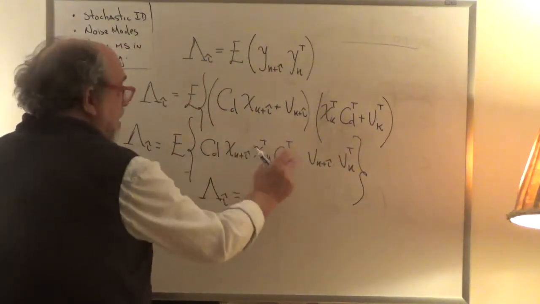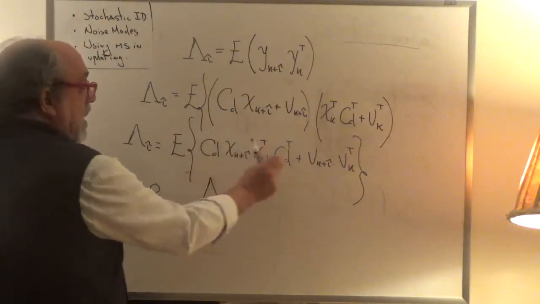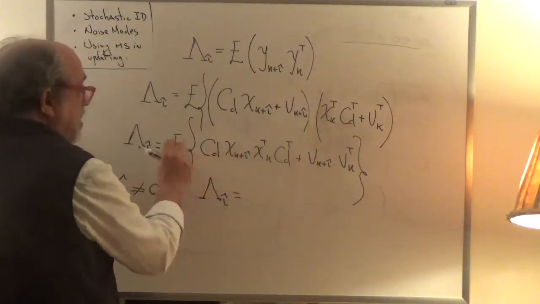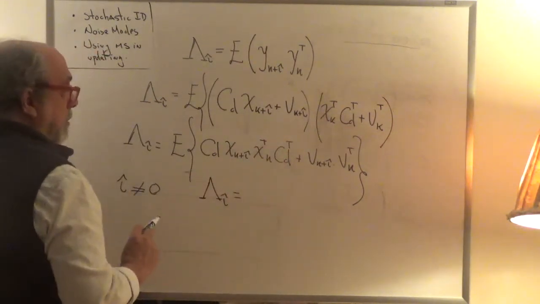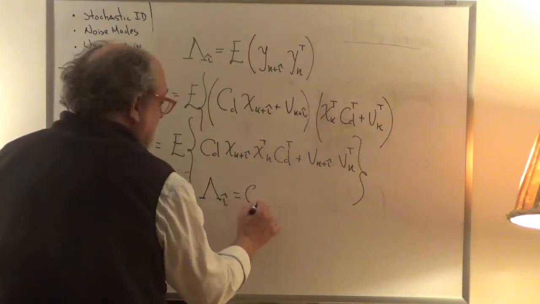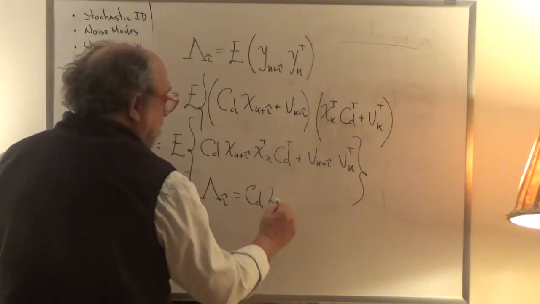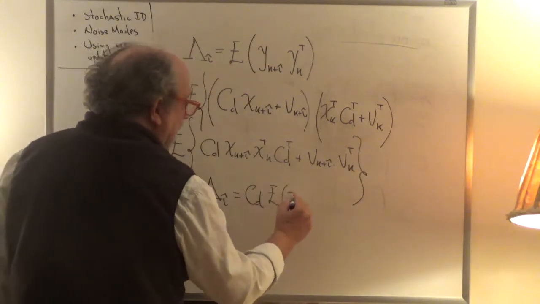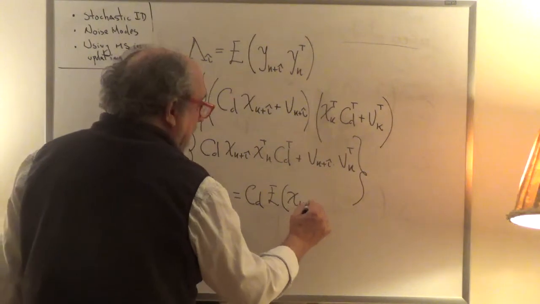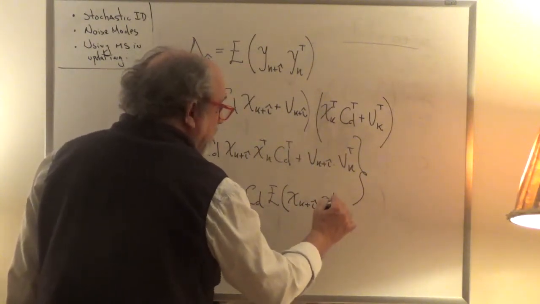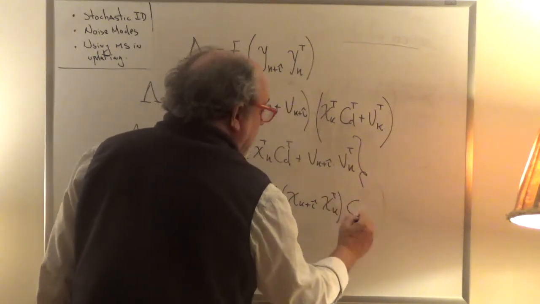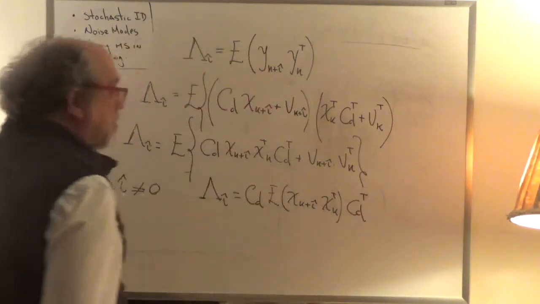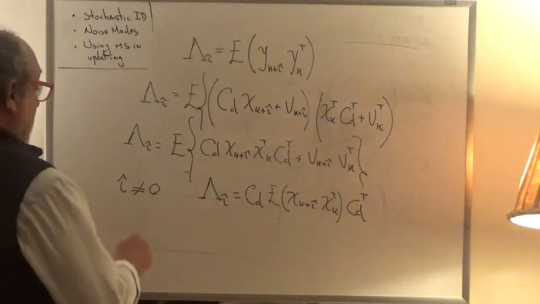And we're only left with this part. Now CD are specific matrices, so the expectation operates only over the middle part. And so we have CD times the expectation of xk plus I times xk transpose times CD transpose.